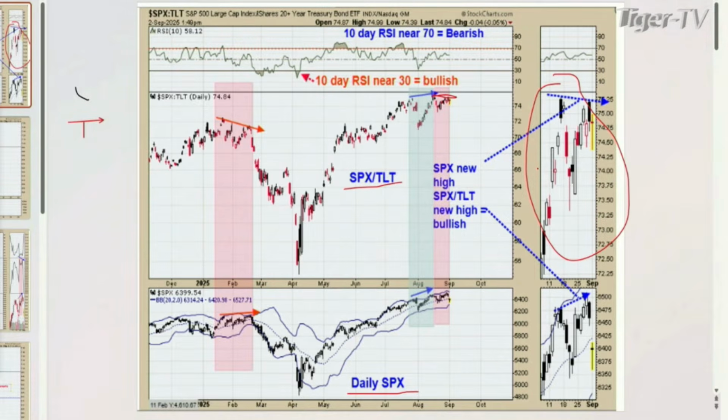The divergence comes when the SPX tilt ratio makes a lower high as the SPX makes a higher high. To not have a divergence, both of them should make higher highs as the market goes up. Well, the market has been going up since about mid-August. It hit a high last Thursday.